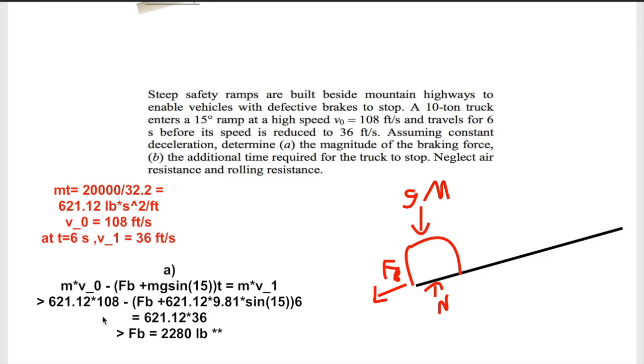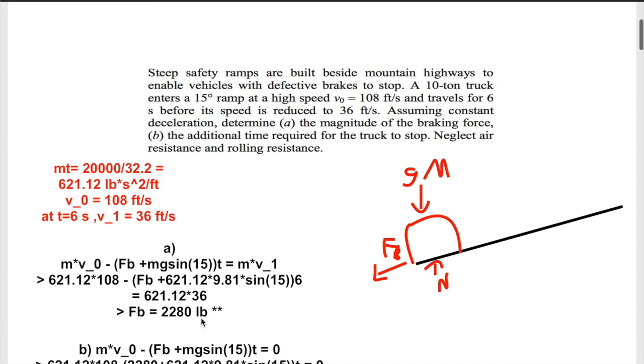So with this equation, we can plug in what we know for the impulse, which is the braking force, plus this gravitational force at the incline times time. Plug in the values that we know. We know at 6 seconds, so that's where 6 comes from, the velocity is 36 feet per second. So we use that to find the braking force, which is this right here.